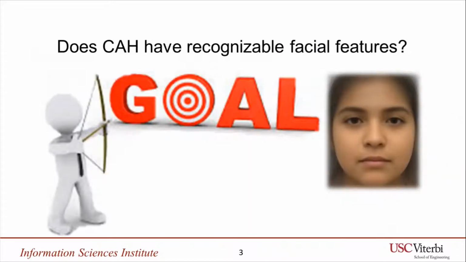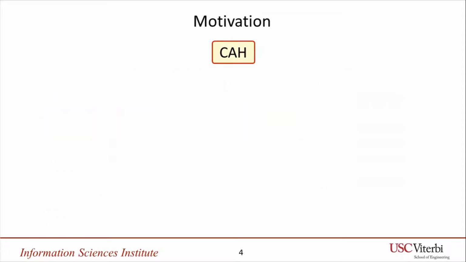And what we are addressing on this project is we are trying to find the answer to this question. Does CAH have recognizable facial features? And this is not a random question. There is a logic behind this question.